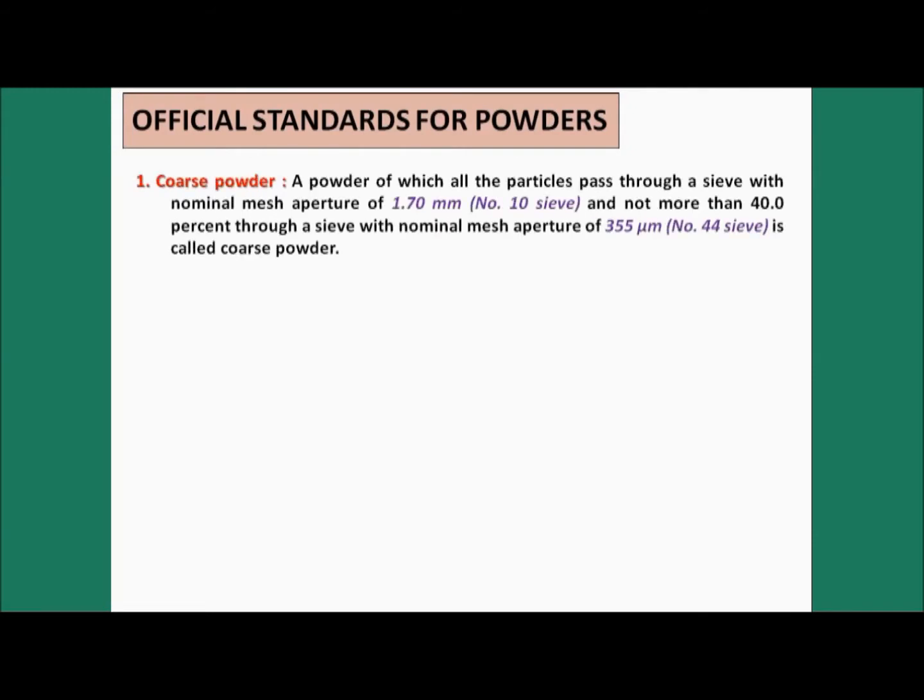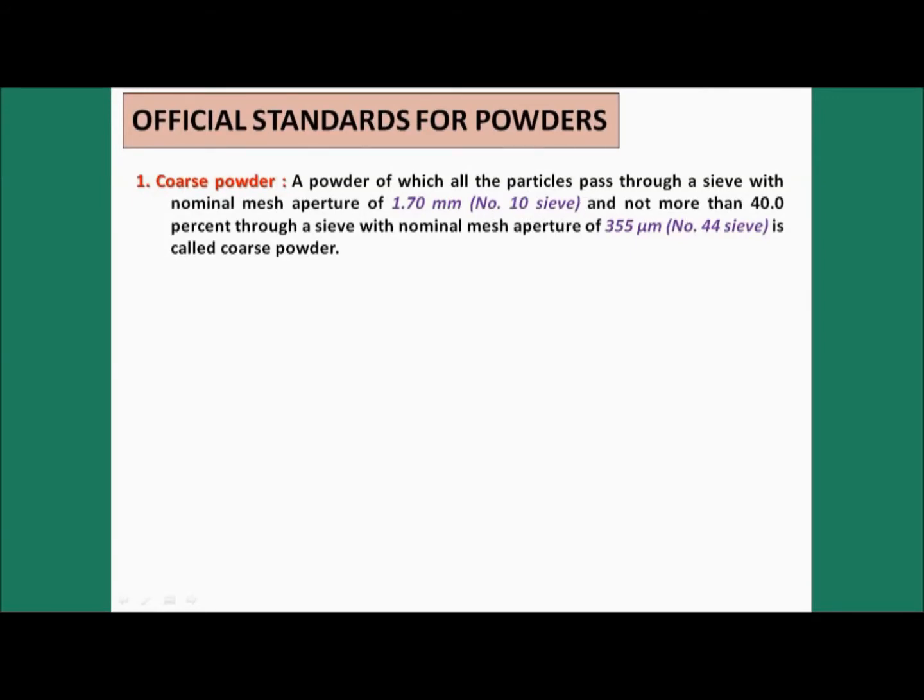So, official standards for powder. There are 5 standards. The first standard is known as coarse powder. Suppose you have 5 gram of powder. If it is able to pass through a sieve with a certain aperture, the aperture meaning the size of the opening through which the powder will pass, right? Coarse powders are those which can pass through a sieve of number 10.